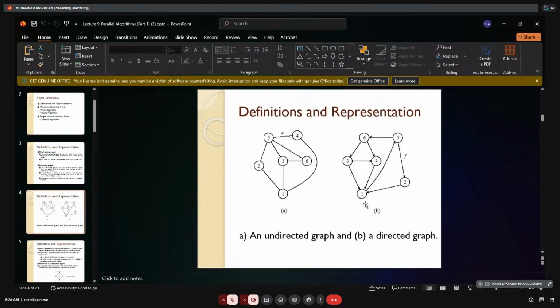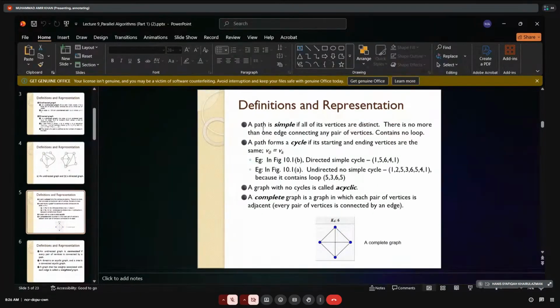It's very easy to see the nodes. But here you have to follow from start till end. In the diagram, you have to follow from start till end.